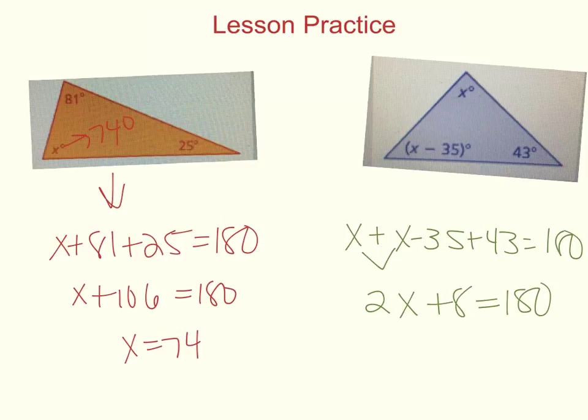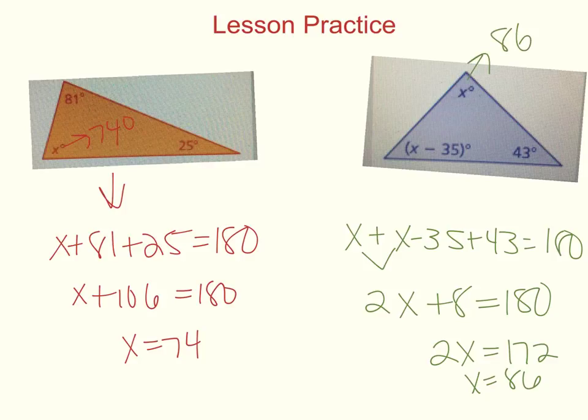We're going to subtract 8 on both sides here. That's going to give us 2x is equal to 172. 172 divided by 2 is going to give us x is equal to 86. So this angle is 86. This angle is 86 minus 35. So if I take 86 and subtract 35, I'm going to get 51 degrees.